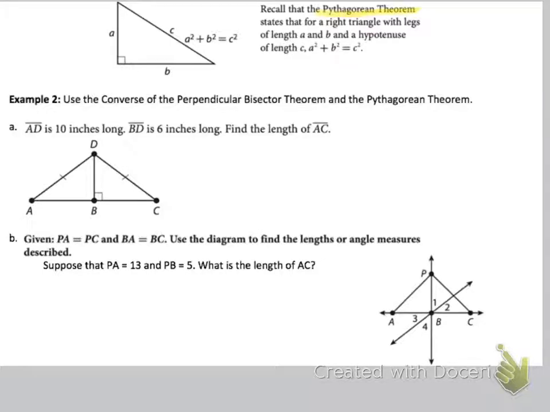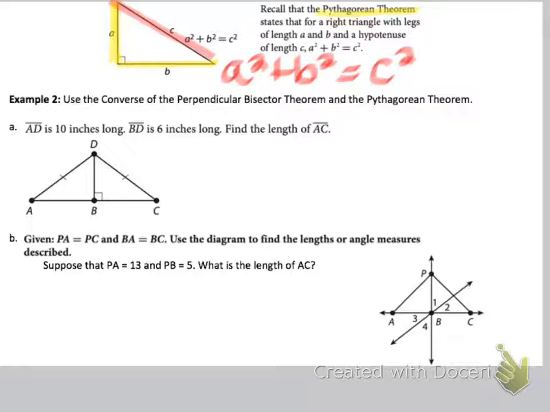So remember, the Pythagorean theorem is used when you have a right triangle, and it states that for a right triangle with legs called A and B and a hypotenuse called C, so in other words, if the legs are A and B, and remember the legs form a 90-degree angle, they form the right angle, in other words, they're perpendicular, then what's always true in a right triangle is that the sum of the squares of the legs is equal to the square of the hypotenuse, or the famous statement A squared plus B squared equals C squared, or leg squared plus leg squared equals hypotenuse squared.